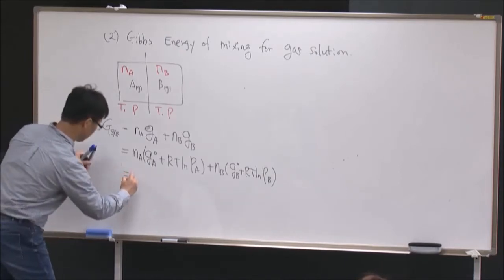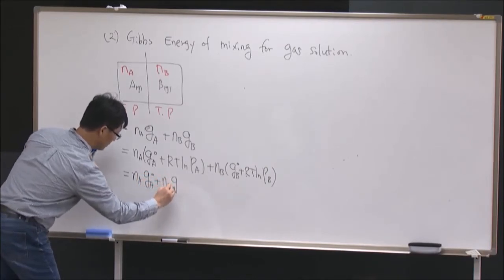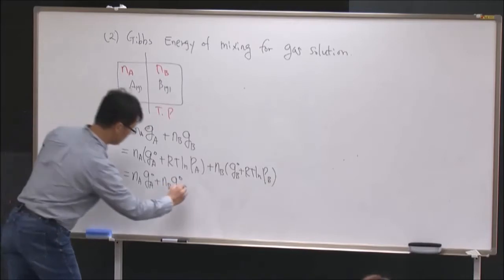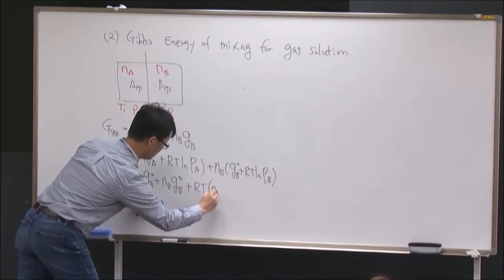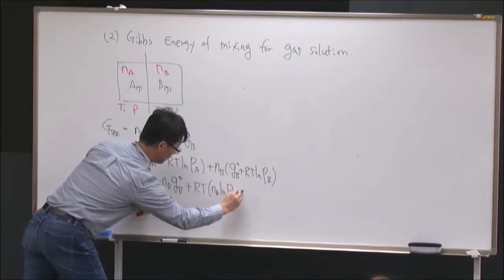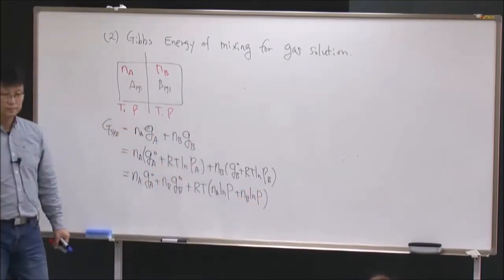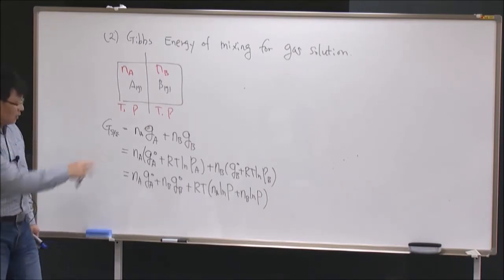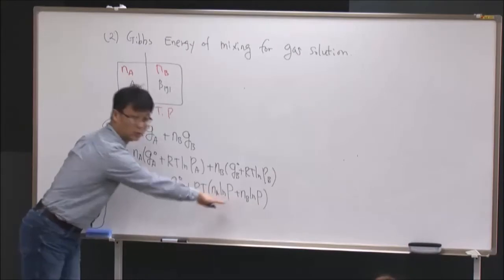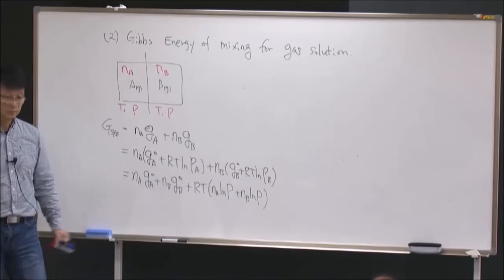So this will be NA GA naught plus NB GB naught plus RT, NA ln P plus NB ln P, because PA and PB are the same as P. Is it okay? If P equals 1 atm, then this whole term becomes 0, yeah? If P is not 1 atm, then there will be some correction term from the standard state.